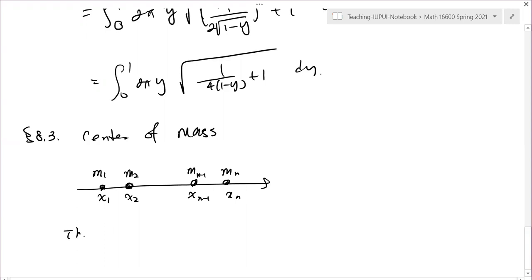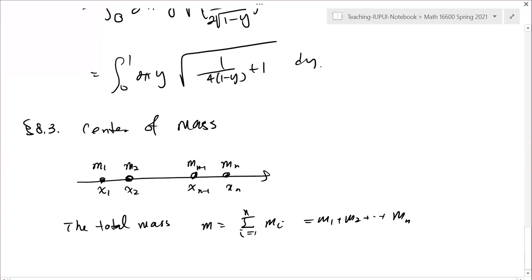Now, the total mass, it's clear, m equals just add them together, right? In mathematical notation, sigma from i equals 1 to n of mi. Add them together: m1, m2, all the way to mn.